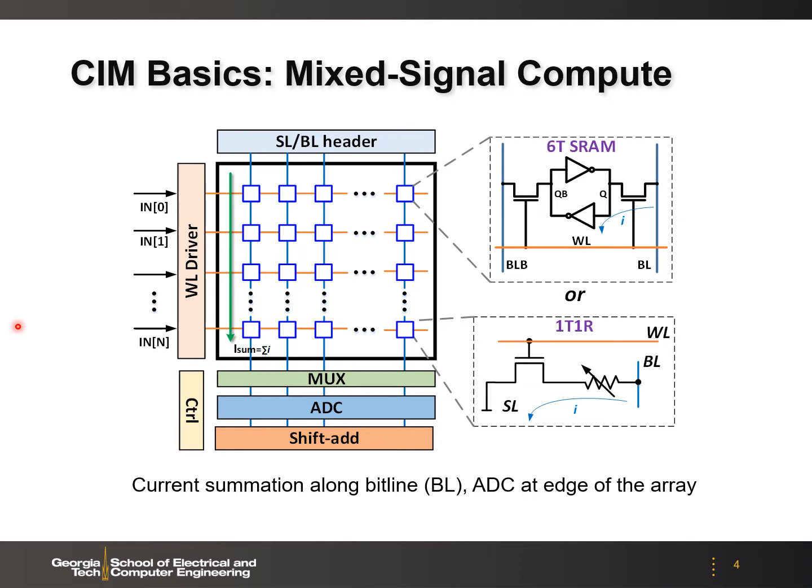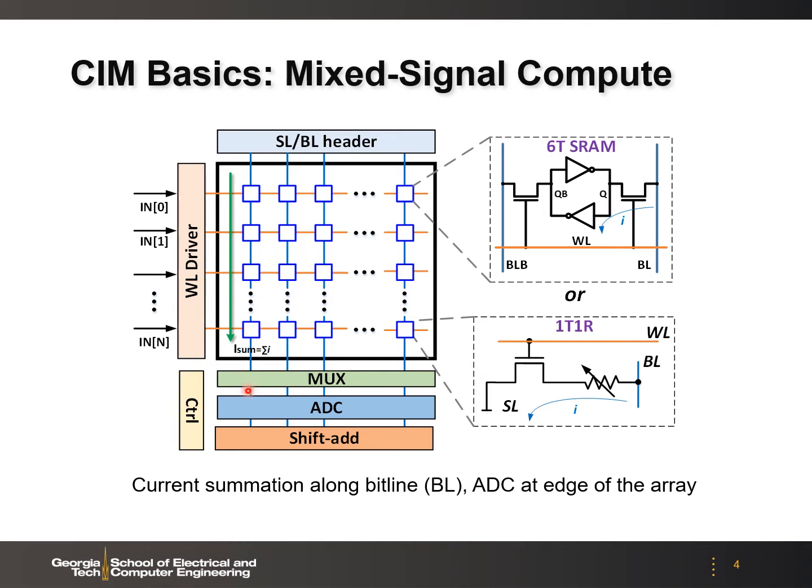And here we can load in the input activations in parallel by activating multiple word lines, and then the voltage from the word line will activate the cell, and then we will get the current from the bit lines, and then we can sum up the current along the bit line. So here the summation is done by the bit line current accumulation.